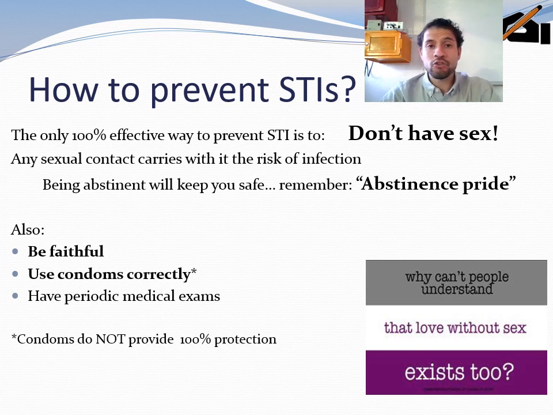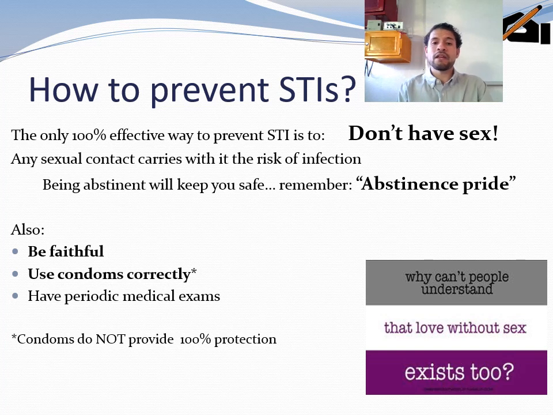Well, one thing that you need to know is that the only 100% effective way not to be infected is by not having sex. Okay, we mentioned that there are other ways in which you can get infected, but let's face it, those ways are easy to prevent. Okay, not using drugs, not getting tattoos, not getting piercings, or at least not getting them in a place that is not a professional one, or not a clean one.